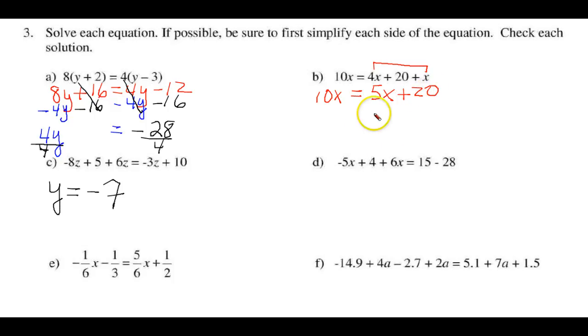Now we want all the x's on one side, and we're going to try to keep the x's positive. So I'm going to subtract here the additive inverse. So this becomes 5x equals 20.